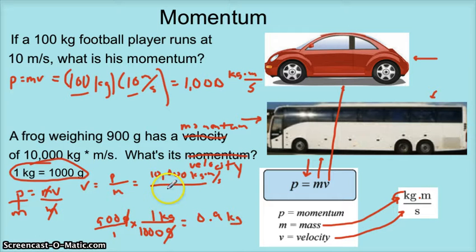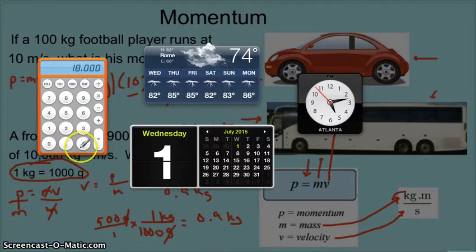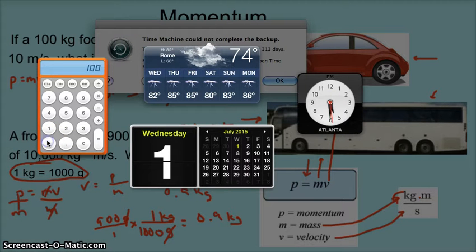So right up top here in the formula, you put 0.9 kilograms, and I will go to my handy dandy calculator here. So 10,000 divided by 0.9 equals, whoa, what a figure, 11,100.1111.